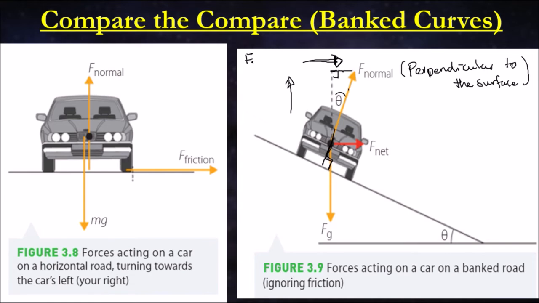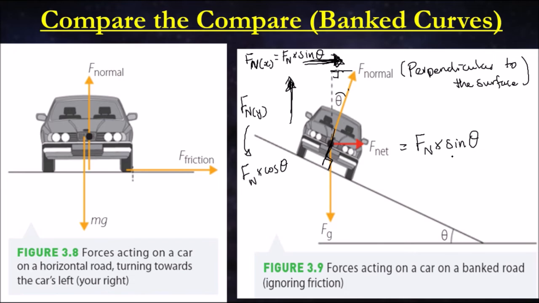So to find the F normal x component, it is F normal times sine theta. Okay, so that's for this bit here. For the Fy component, or F normal y component, that is our normal force times cos theta. Okay, so our net force in this case is contributed by the F normal force times sine theta. Okay, this is with the assumption that there is no friction.